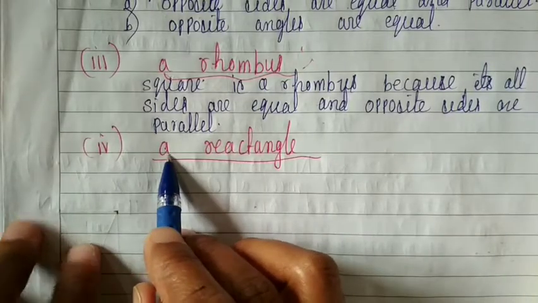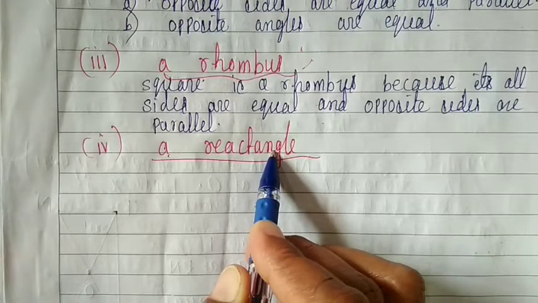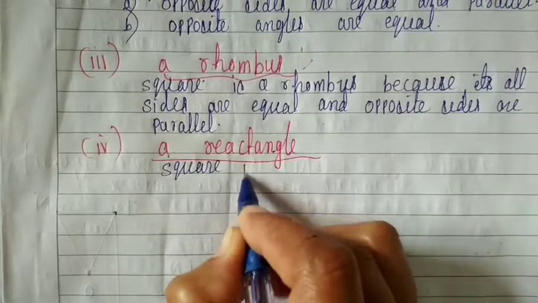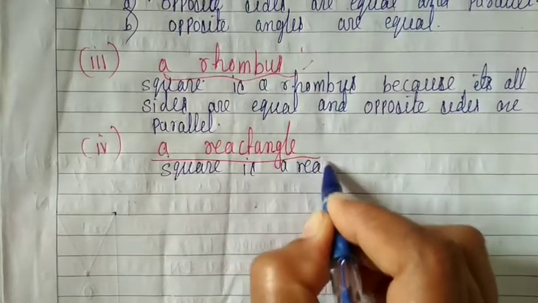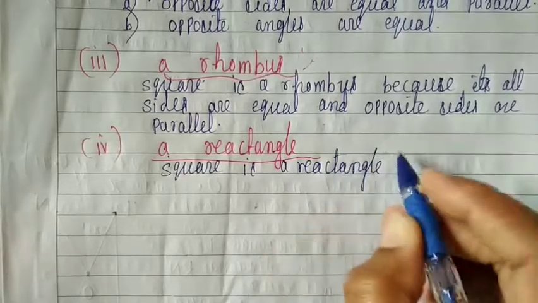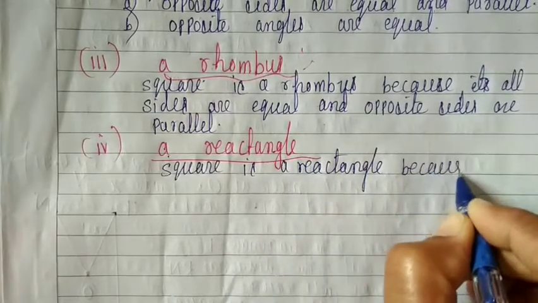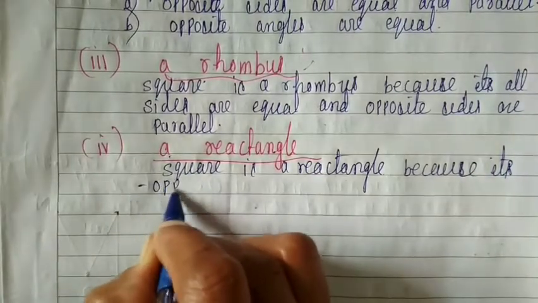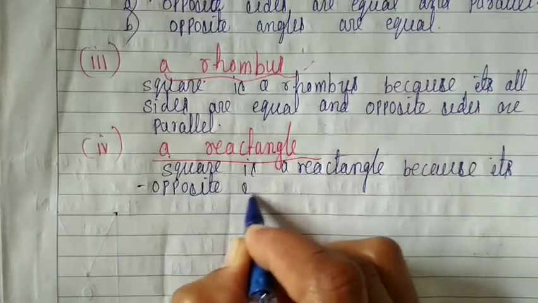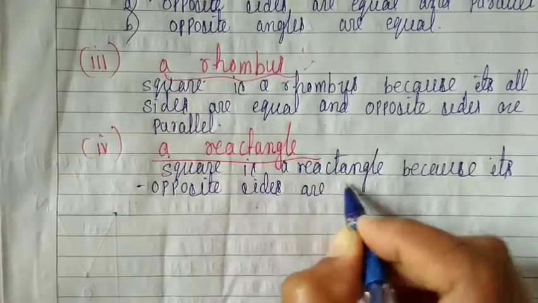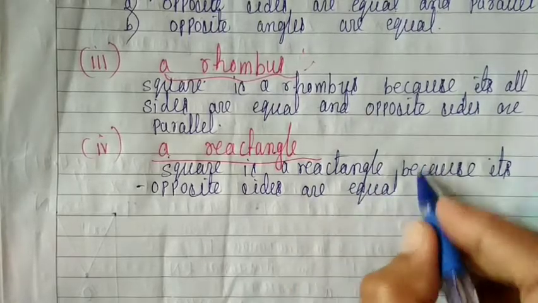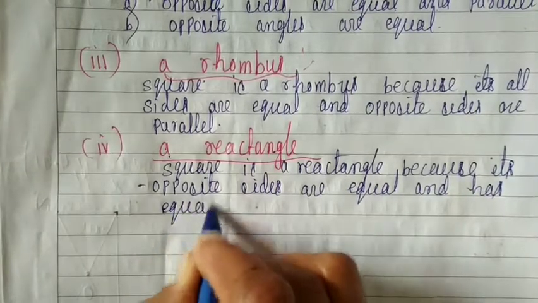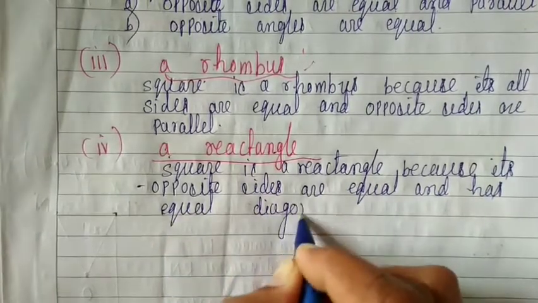Fourth one, a rectangle. How is a square a rectangle? A square is a rectangle because its opposite sides are equal and it has equal diagonals.